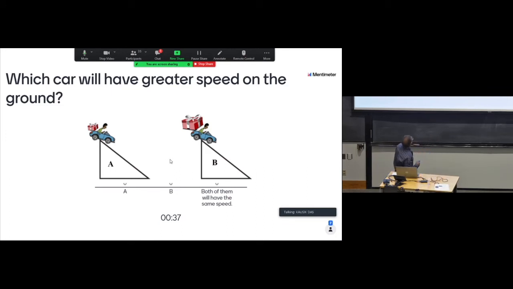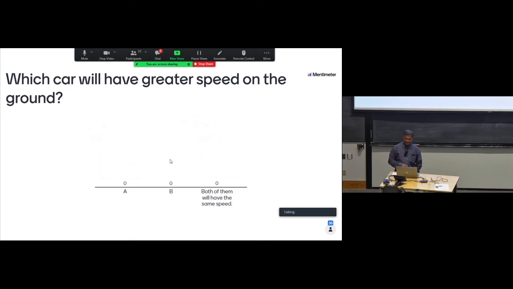Now, which car will have the greater speed on the ground? There is no friction. Okay, let us see.